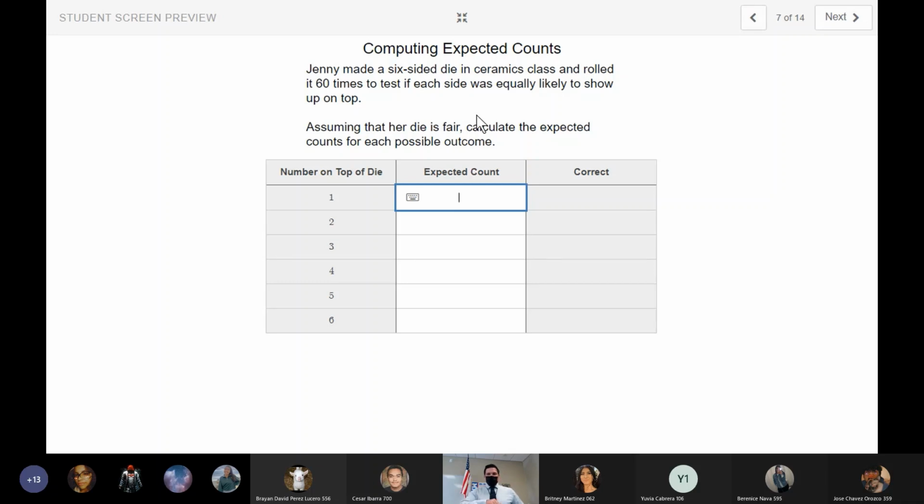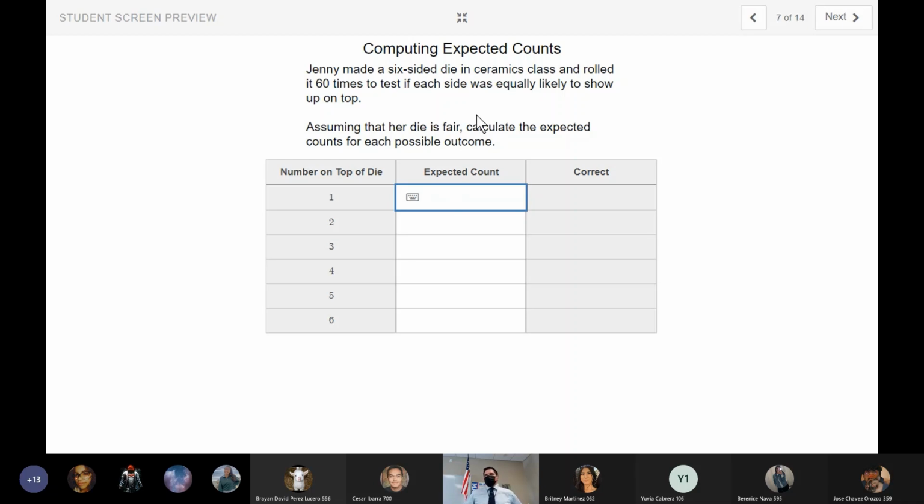So Alexis has here that the dice is 6-sided. That is true, right? So we know how many sides there are. We know something about the likelihood of each side happening, though. What does the paragraph say about the likelihood? It is rolled 60 times.